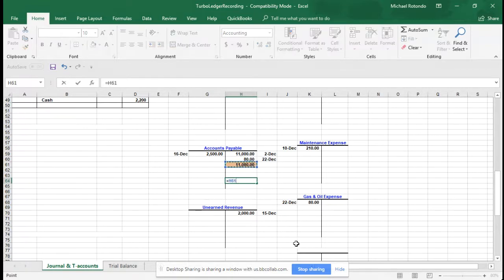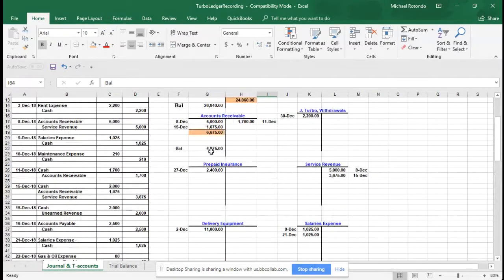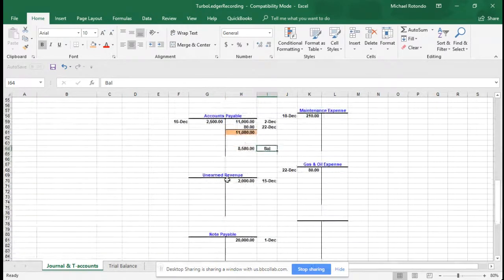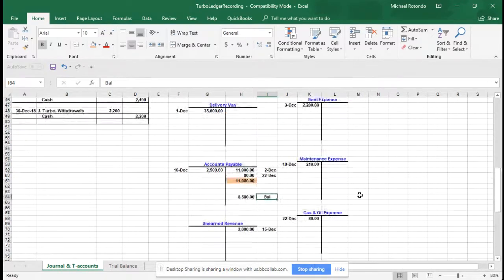So we're going to take our accounts payable credits minus the debits, and here's our balance in accounts payable. Okay? So this means we owe our vendors $85.80. Okay? Our customers owe us $49.75. Okay, unearned revenue and note payable, they only have one item. There's nothing to do there.